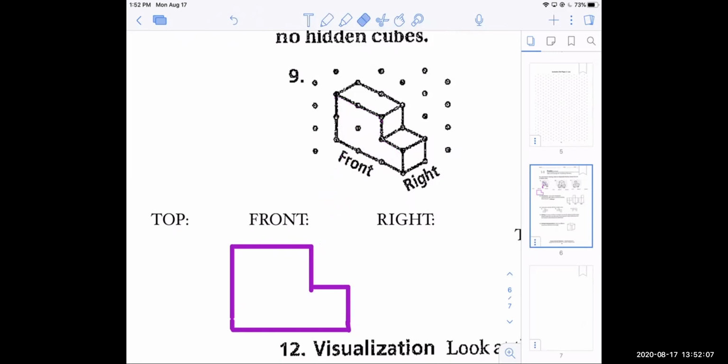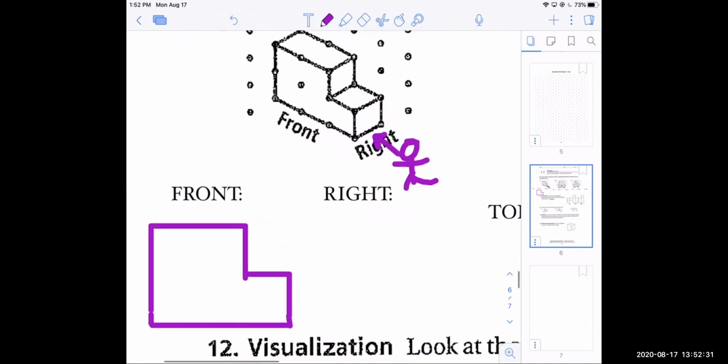Okay, let's say we're standing over here and doing the right view. If you want to look that way, you take a flashlight and shine it at the shape. What sides would you see? What face would you see? Okay, so you see those two.